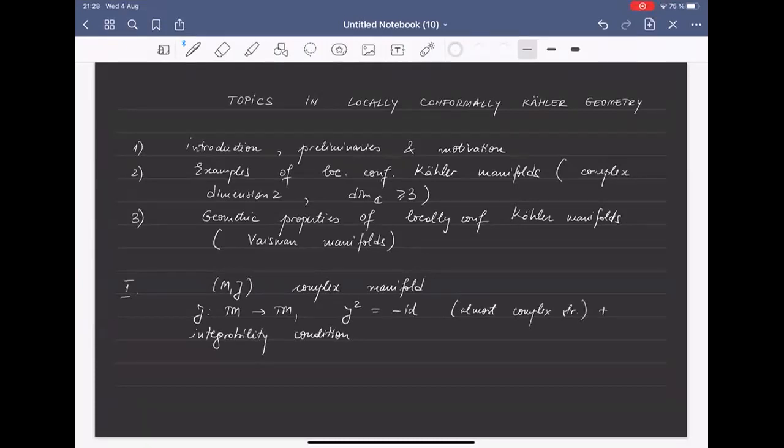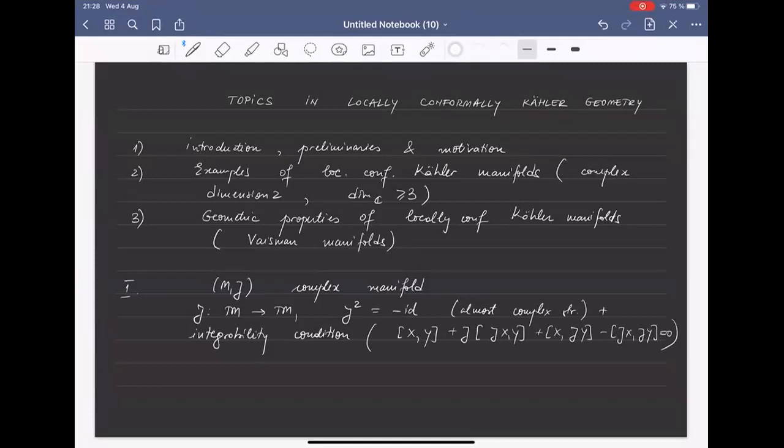So by this integrability condition, I mean that this relation is always satisfied.